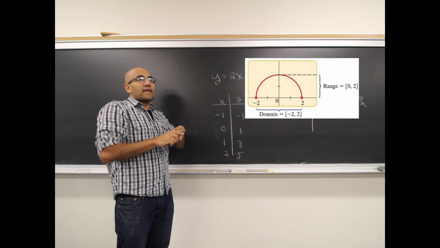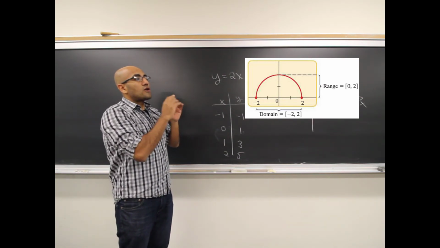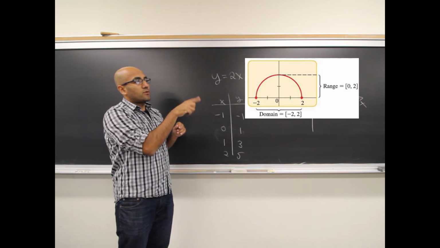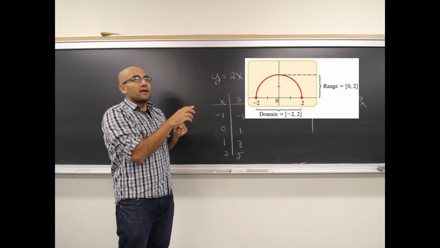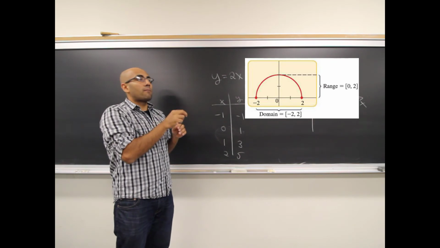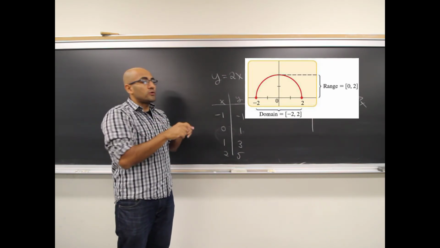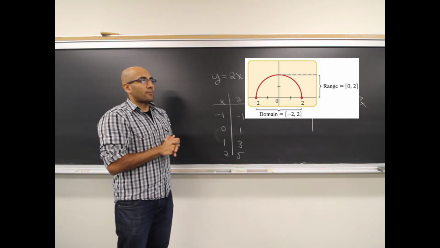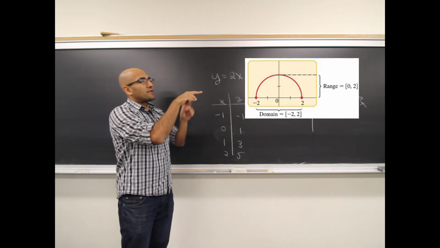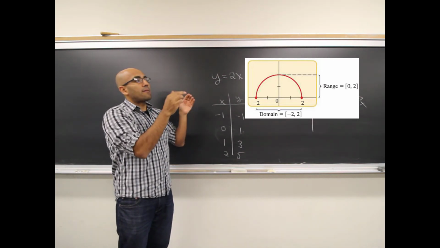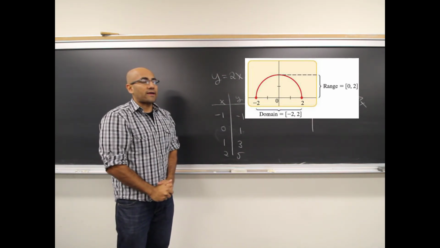The brackets indicate that we include the endpoints. So the notation of bracket -2 comma 2 bracket indicates that it's every single number between -2 and +2, including the endpoints. That's what those brackets represent. Same thing with the 0 comma 2. We go from 0 to +2 and we include the endpoints, so we put brackets on there.